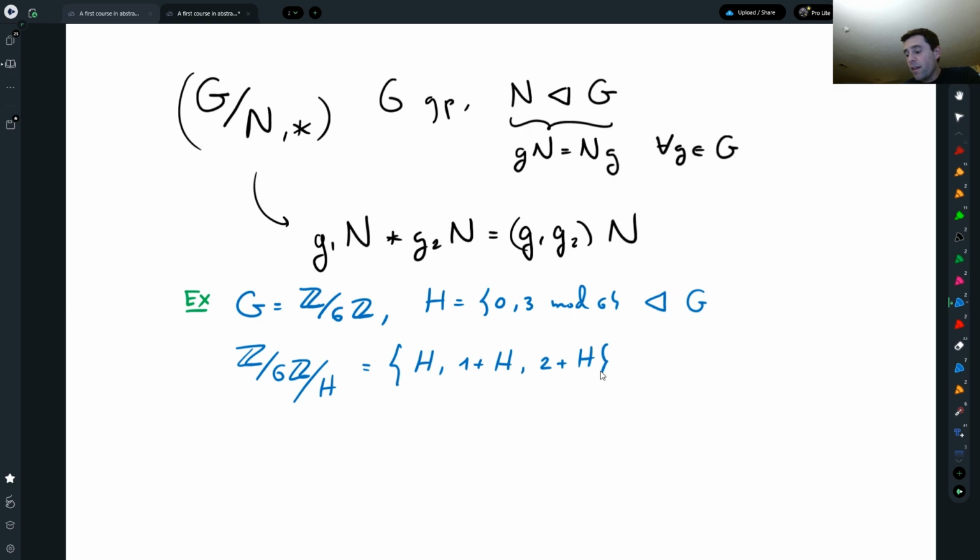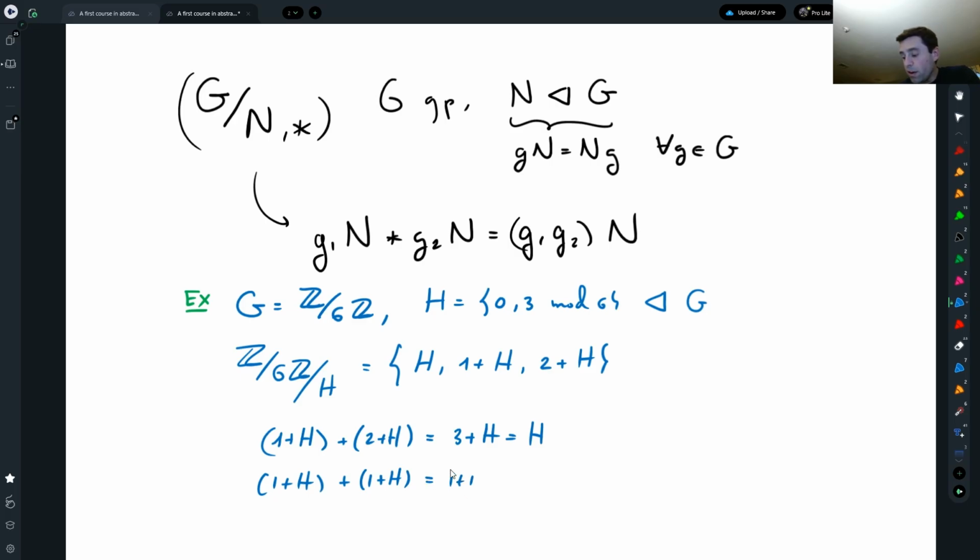And then we see that this is a group. Remember, 1 plus H plus 2 plus H is 3 plus H, which is just H. How about 1 plus H plus 1 plus H? So it would be (1 plus H) squared, or 2 times (1 plus H).